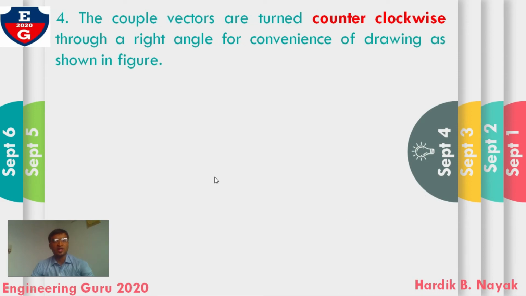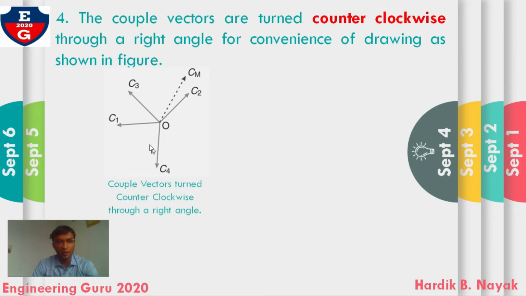Then step number 4, the couple vectors are turned counterclockwise through a right angle for convenience of drawing, as shown in the figure. Now we will see the counterclockwise couple vectors. So we turn all the vectors counterclockwise. Here you can see C1, C2, C3, C4 and Cm.